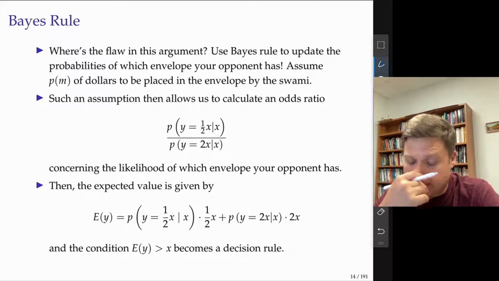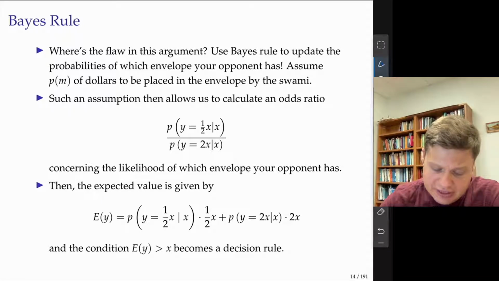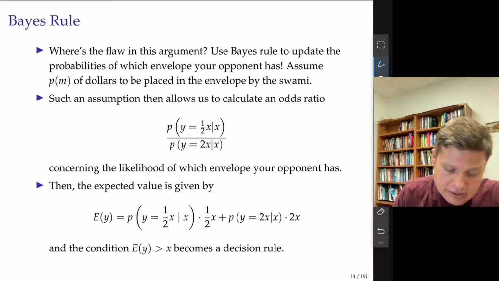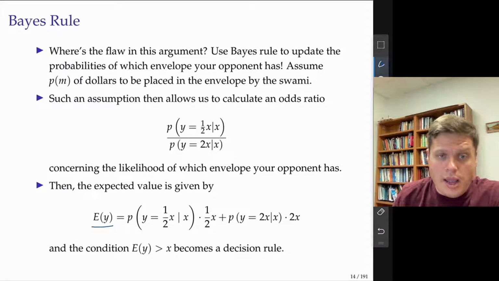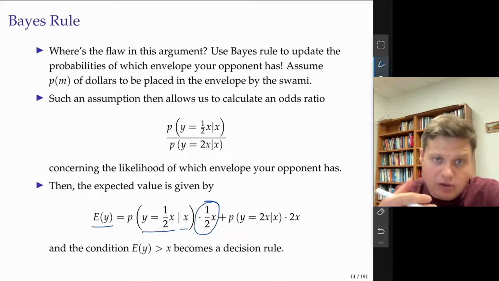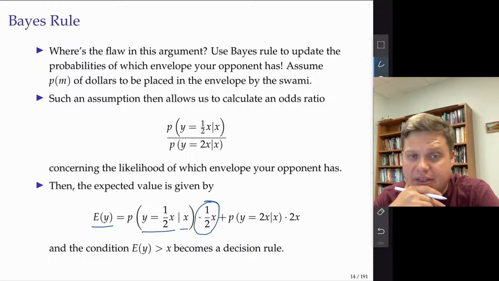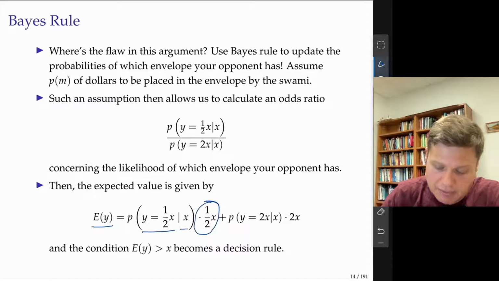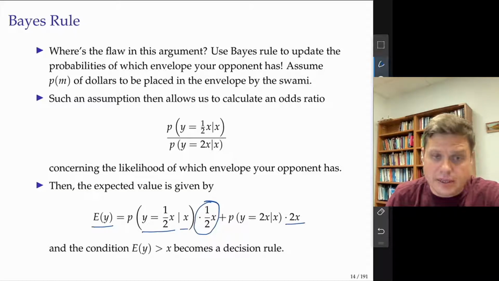Let's talk about this. So instead of using this unconditional expectation, we're going to use the conditional expectation. We're going to calculate the expected value in the envelope Y as the probability of Y given half of X times X, where the outcome of this event is that he has half of X in his envelope, plus the probability of Y given 2X given X times 2X.